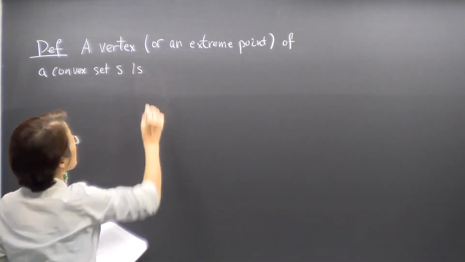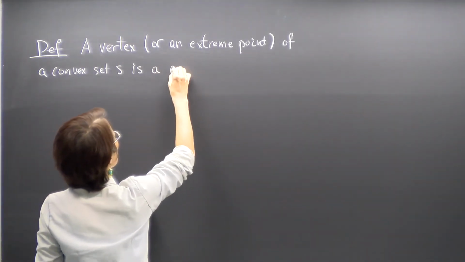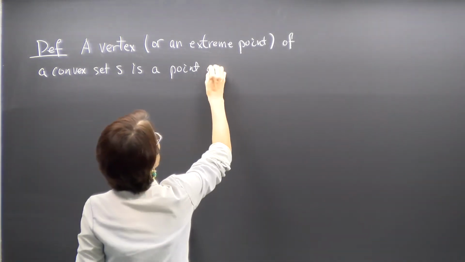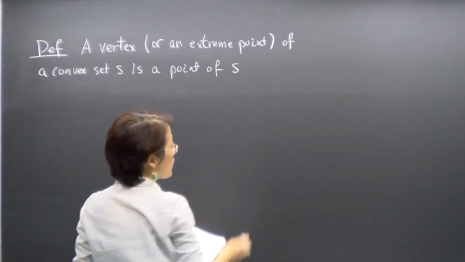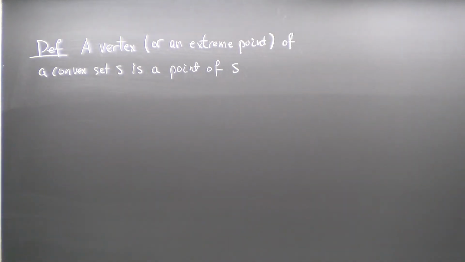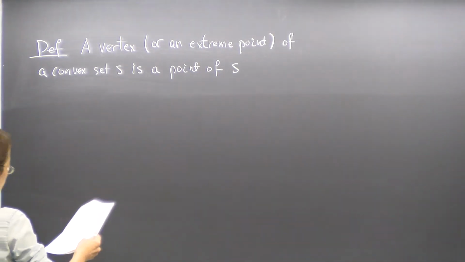So how do you define a vertex? First we know this is a point in the set, a point in the set that has some special property. Probably you already have a literal understanding of what a vertex is. It's some kind of a corner, a pointy thing. But we want to formulate it formally.